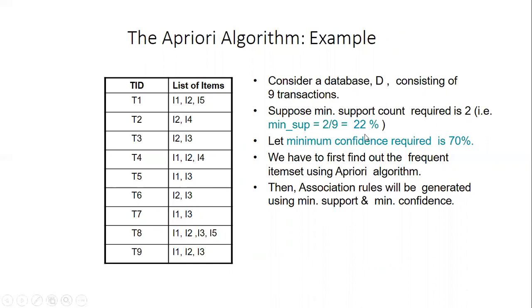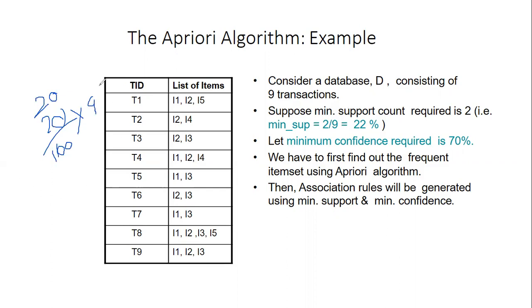If you want to convert it into a percentage, it is 22%. Suppose they give you 20% as the minimum support. How will you convert it into a number? 20 divided by 100, into 9.